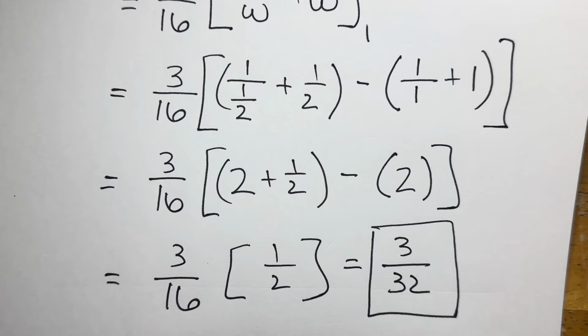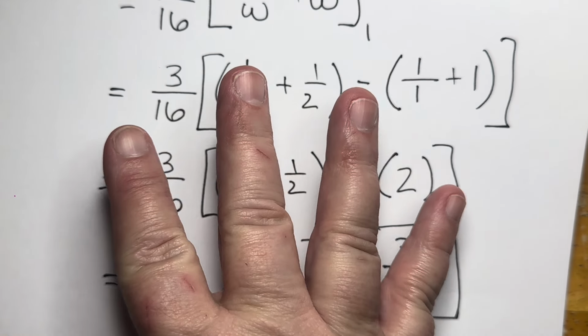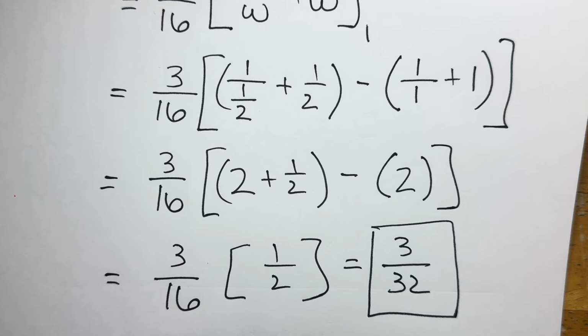It's a lot of steps. There were 4 substitutions. We went from, or I guess technically 3 substitutions. We went from x to u to theta to w. So there are 3 substitutions and 4 variables, and that's a lot, but you made it.